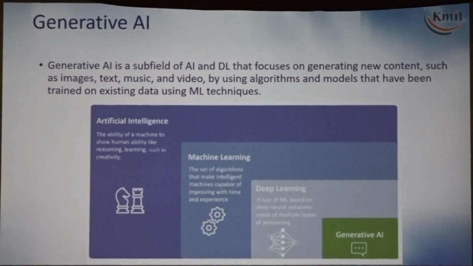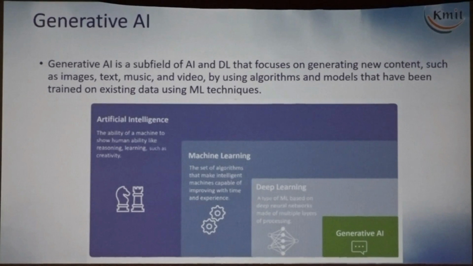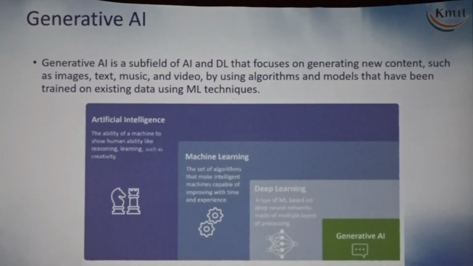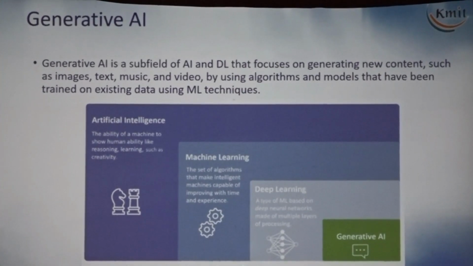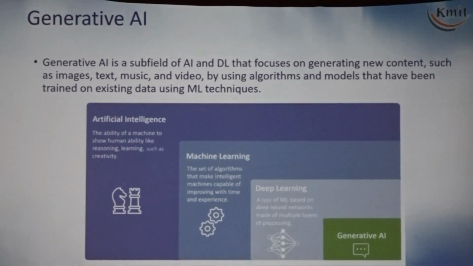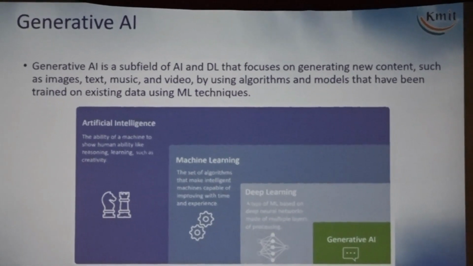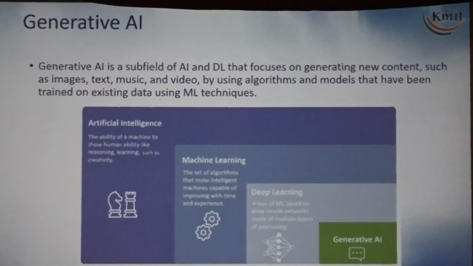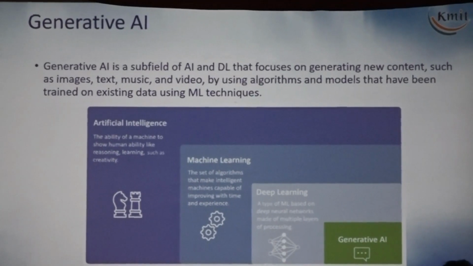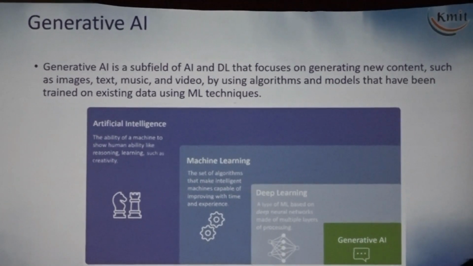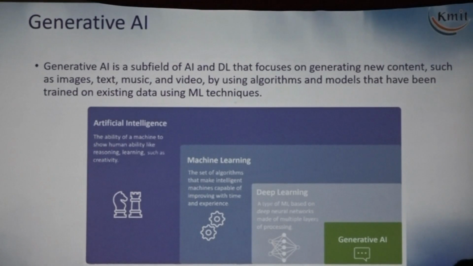So see here, artificial intelligence, and as a subset of that, we can call machine learning, and from machine learning, one kind of algorithm is deep learning, right? In machine learning, we use mostly statistical methods, and gradient descent was also introduced, and so many algorithms were introduced.